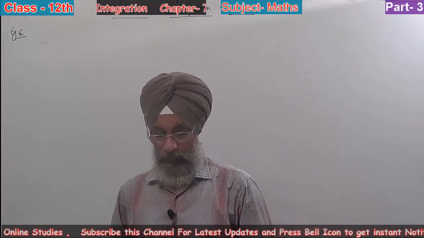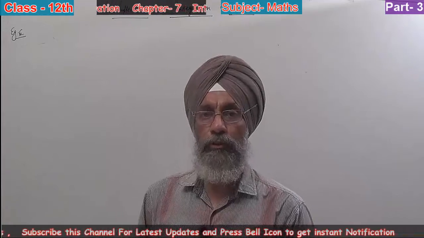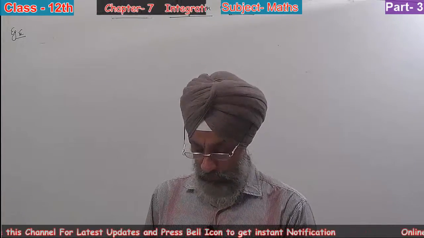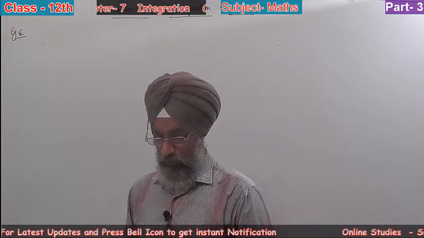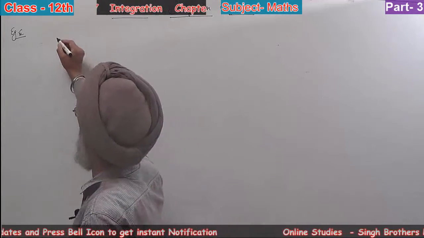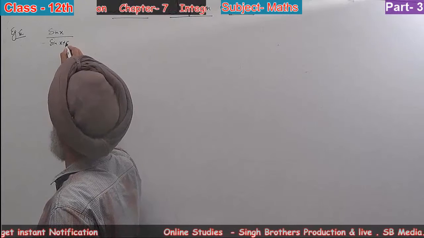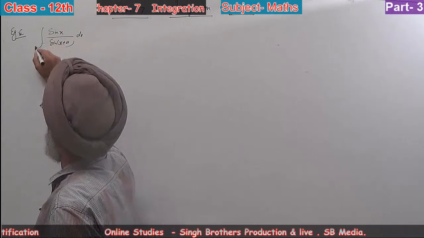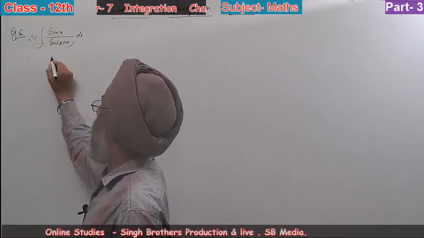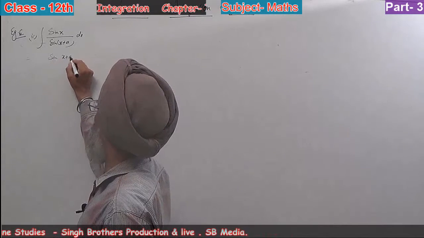Let us see example 6 on page number 302 in your NCERT book. Example 6 part 2, it is given sin x upon sin x plus a. We have to integrate it. To do its integration, we take here sin x plus a minus a.